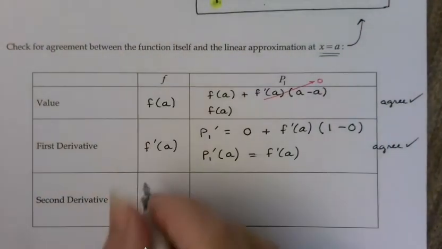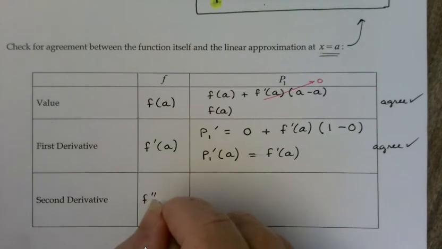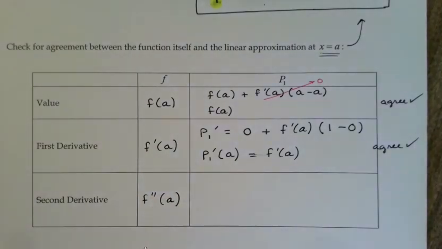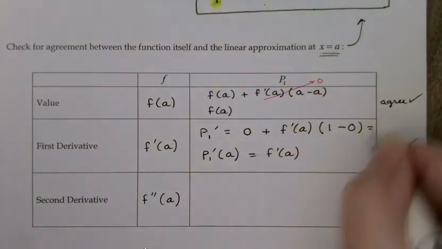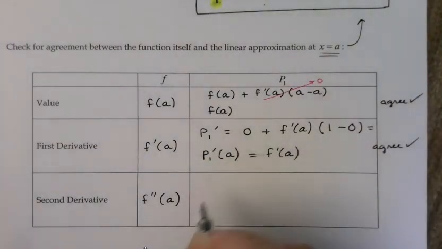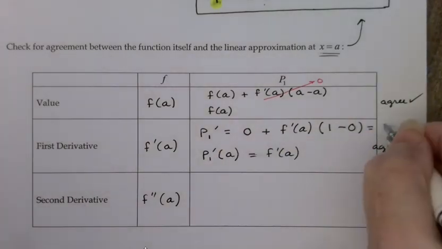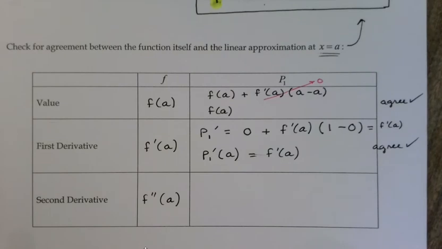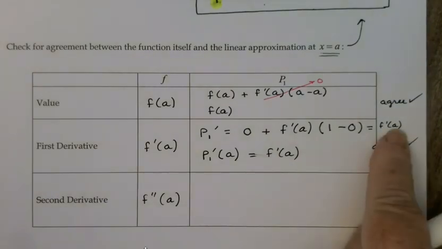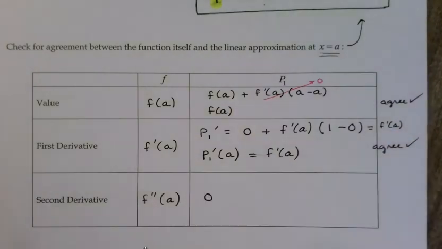The second derivative of f, f double prime, evaluated at a. If I take a look at my first derivative, right, even before I supposedly plugged in a, this just simplified to the constant, f prime of a. And the derivative of a constant is 0.